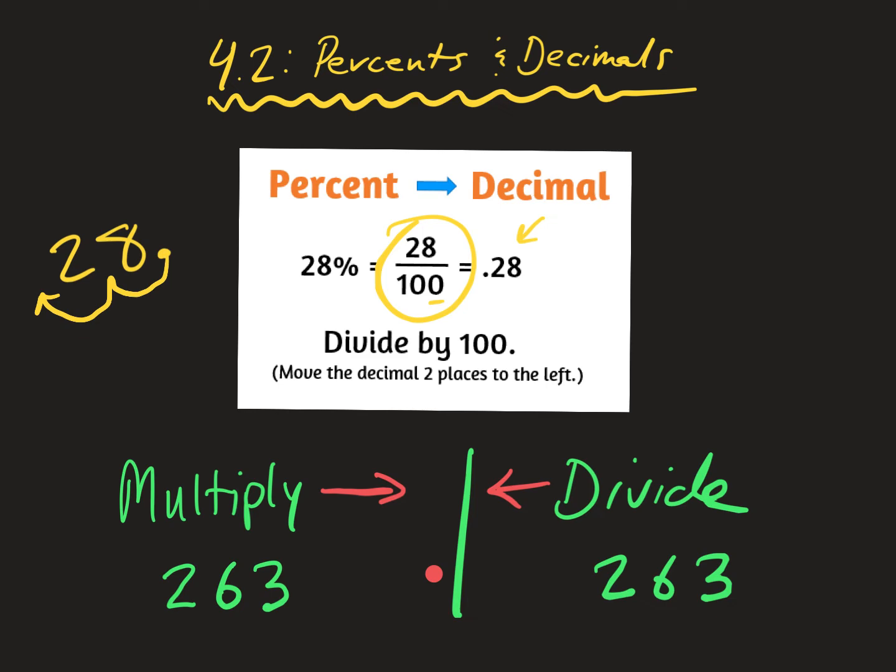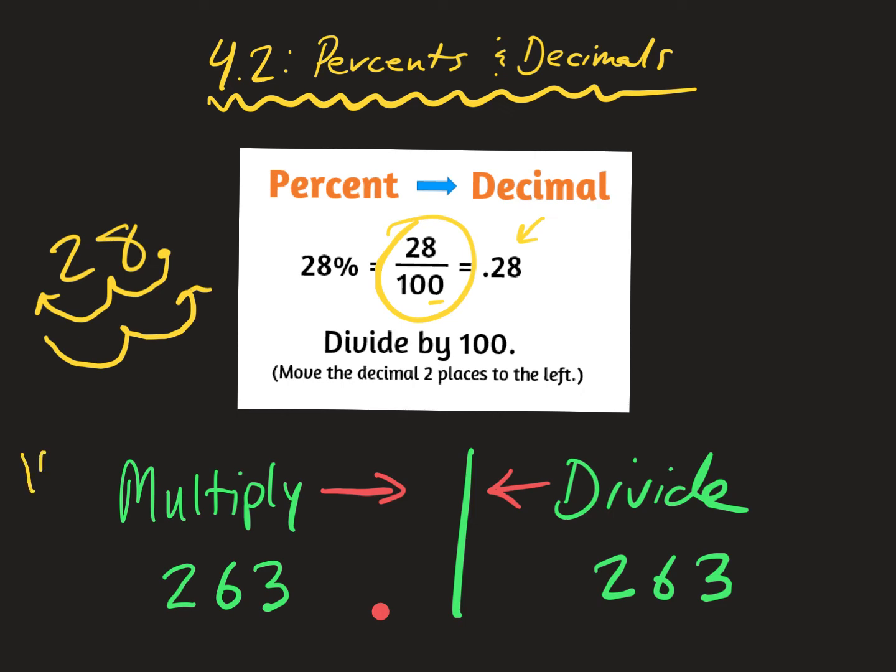If we have this decimal and we want to go back to a percentage, it's essentially doing the opposite. It's multiplying by 100. And when we multiply, we shift to the right when we are playing with a decimal point. No matter what the number is, when we multiply, we're moving the decimal point to the right of wherever it was located. Let's say we have the number 2.7 or 2.63 here. If I'm multiplying, I'm going to shift it this way by however many zeros there are.